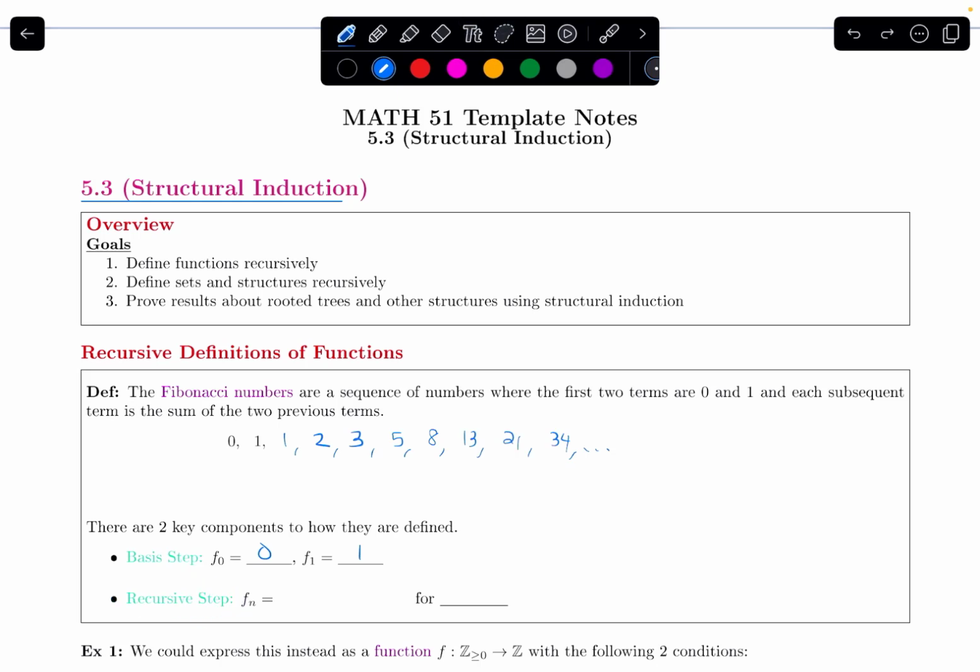And that recursive step is that fn is going to be equal to fn minus 1 plus fn minus 2, the two previous terms added together. And the recursive step starts showing up with this third term, which for me is when n is greater than or equal to 2, because my subscripts, I started it at 0 here and then 1 here, which means for this one, the subscript is 2. Okay, those are the two key parts to defining this sequence.